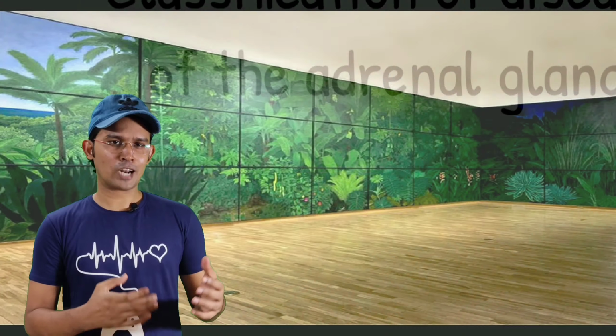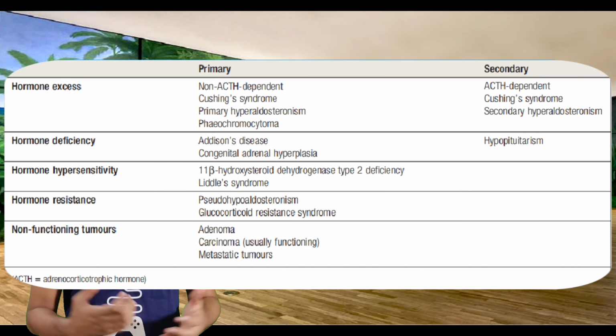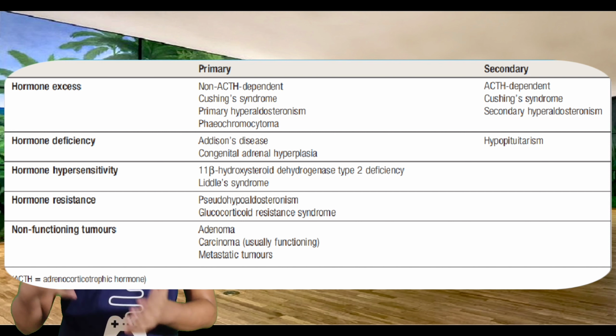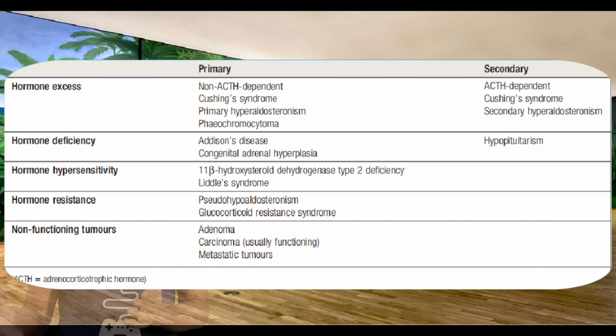Now let's talk about the classification of diseases of the adrenal glands. We need to remember at least 4 things: hormone excess, hormone deficiency, hormone hypersensitivity, and hormone resistance. Hormone excess we divide into 2, one is primary, one is secondary. Primary is non-ACTH dependent, but secondary is ACTH dependent.